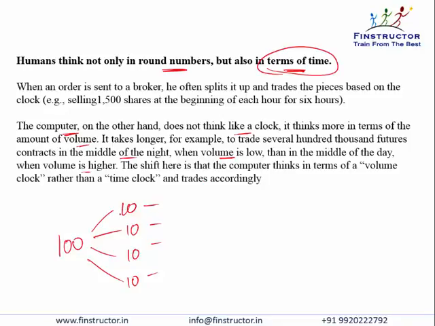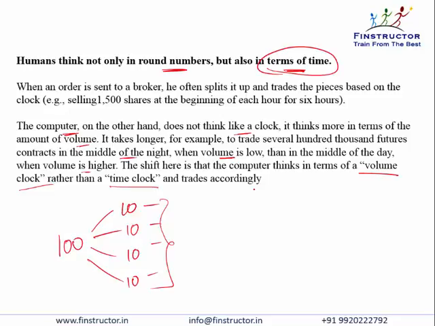The computer will place a higher volume of the order to be executed during times of the day where liquidity is more, and lesser when the liquidity is less. So it thinks like a volume clock rather than a human being who will normally just try to get the average liquidity or spread the order throughout the day.